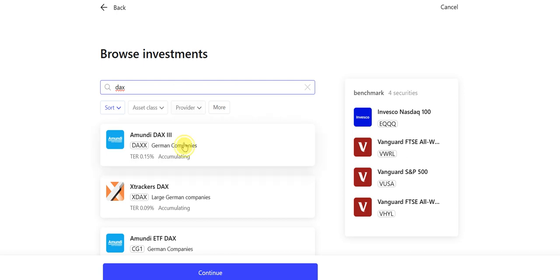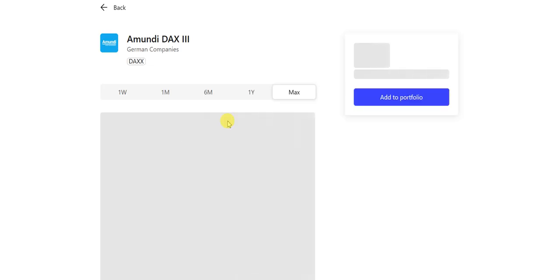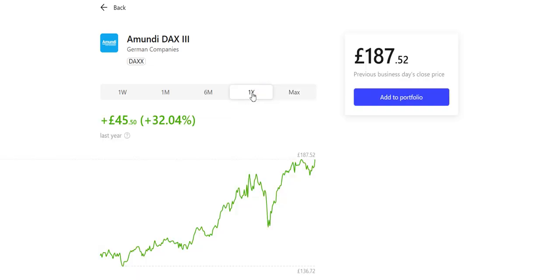Right, how mad is this? When I was looking at the yearly on all the other ones, look how well Germany's doing in a year. 32%, pretty good, hey?